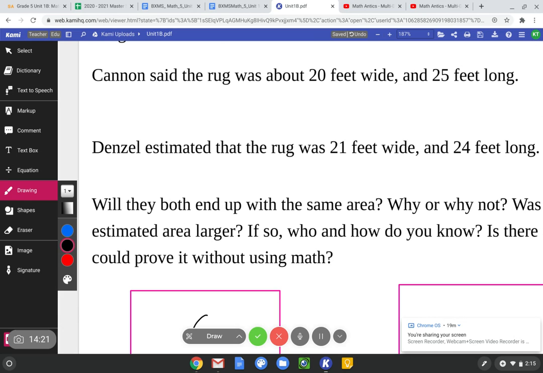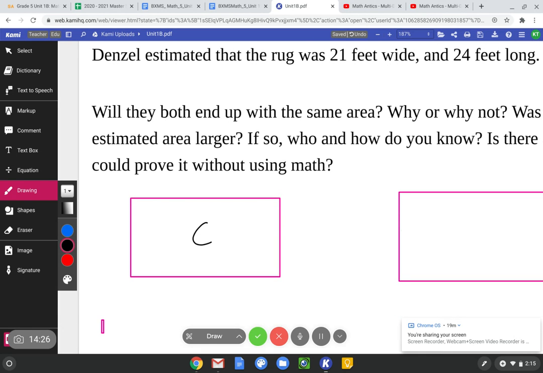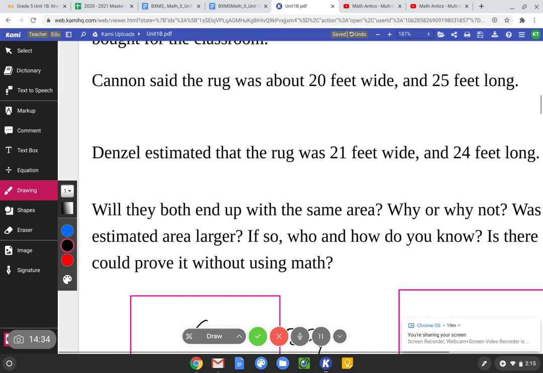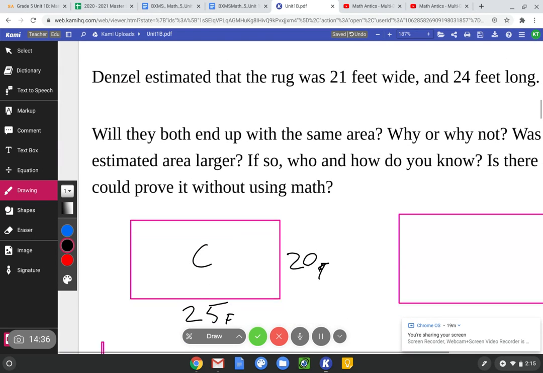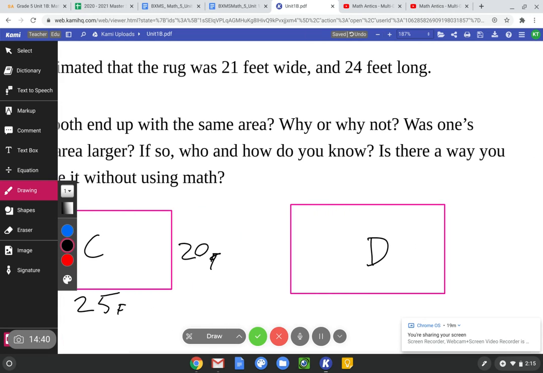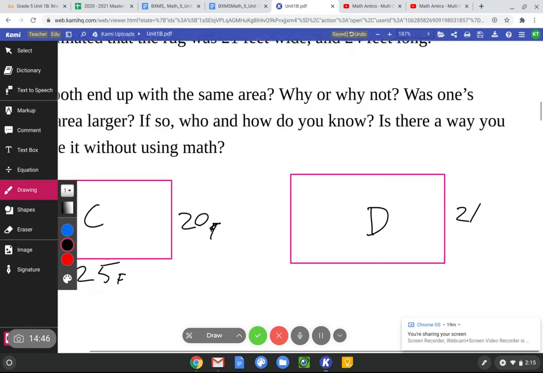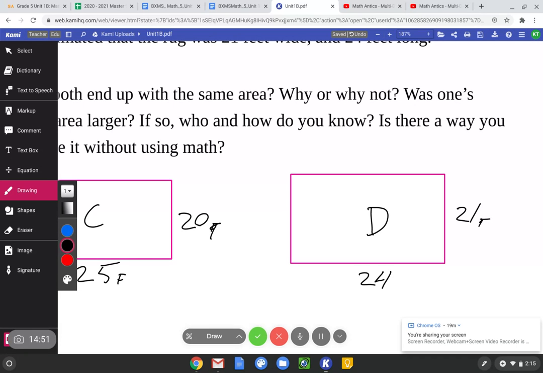And they said 20 feet wide and 25 feet long. And then Denzel estimated that the rug was 21 feet wide and 24 feet long.